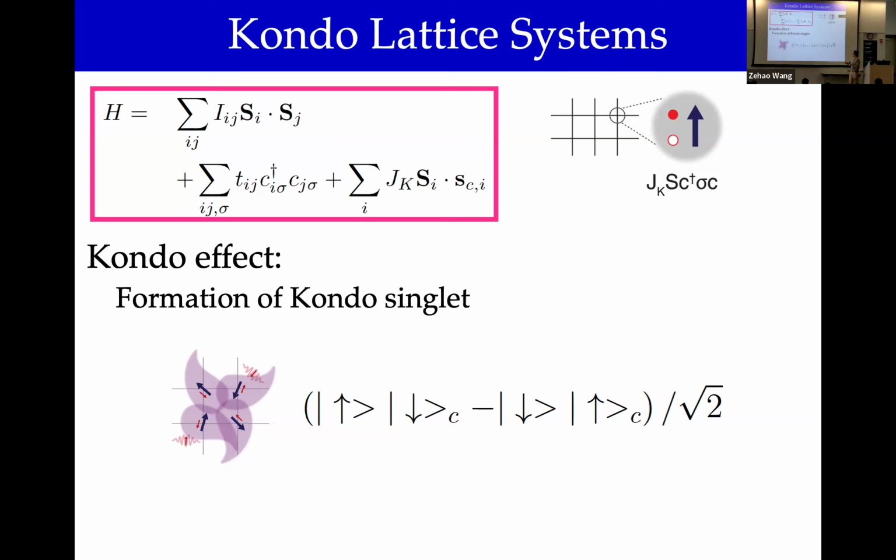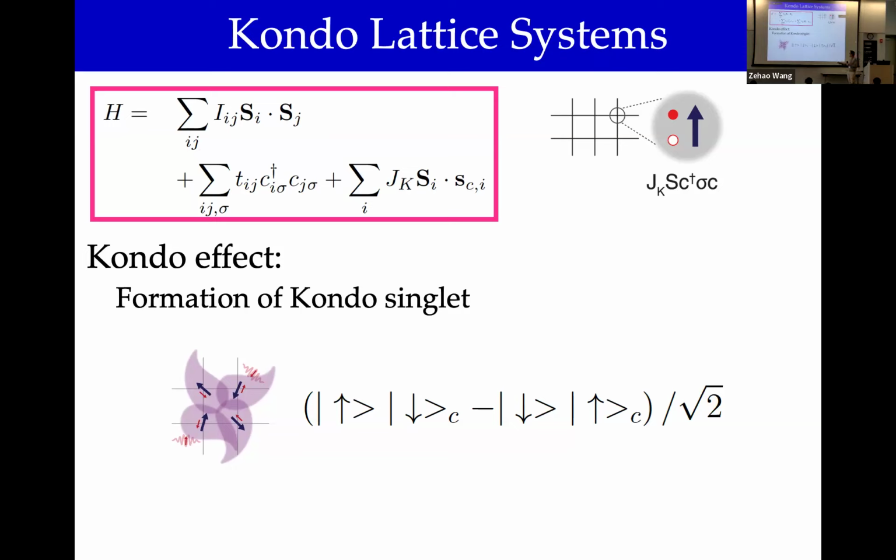So what is the Kondo effect? Let's assume this term dominates. If this is an antiferromagnetic interaction, it favors a ground state in which the localized spin and the conduction electron spin will, heuristically, form a singlet, up-down minus down-up. And in reality, we have a lot of sites, so it will be some generalization of this.